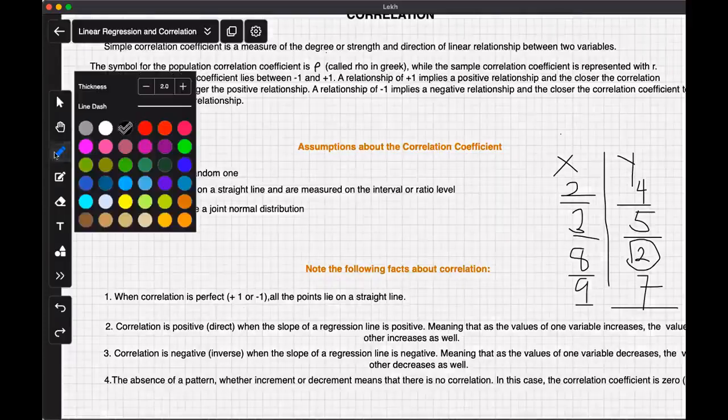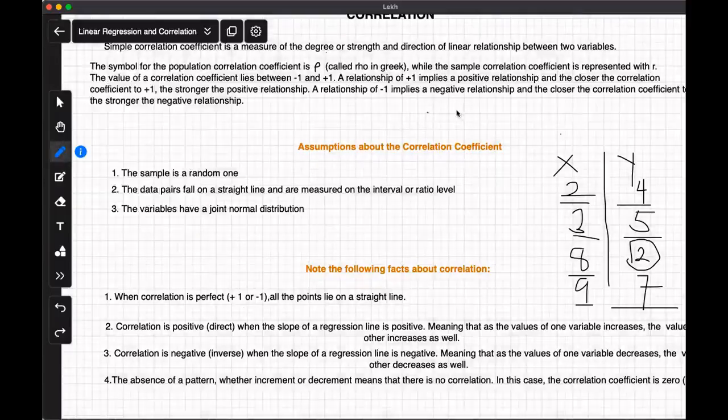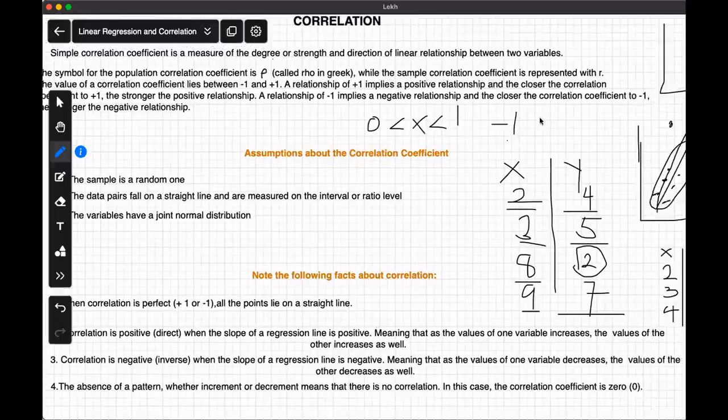Just like your probability falls between 0 and 1, this time around your correlation coefficient will fall between -1 and +1. We call the correlation coefficient R. That's the estimate. The population value is called rho. Don't forget that rho is a Greek alphabet.